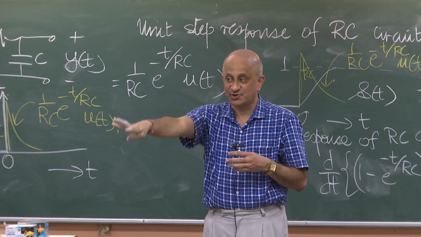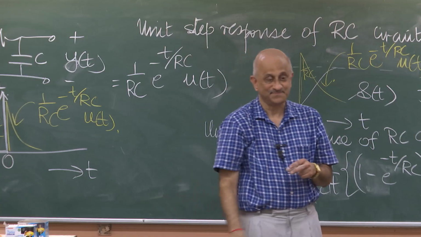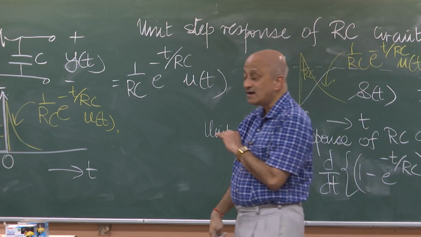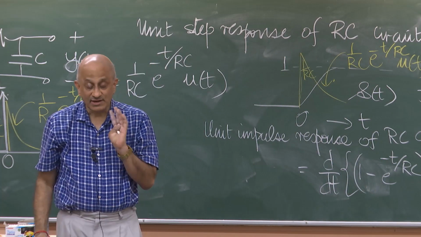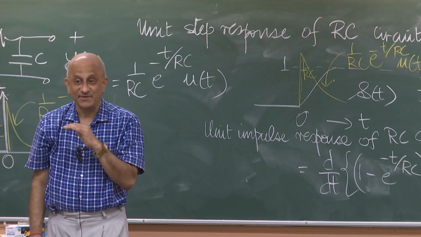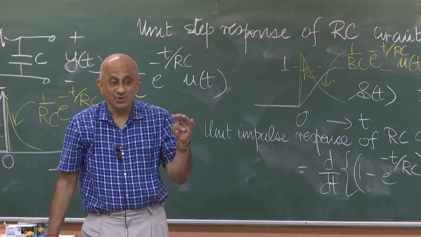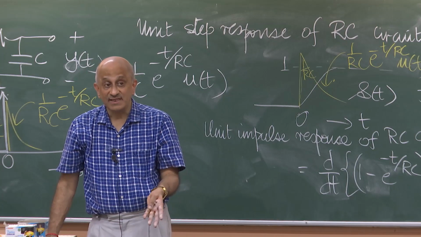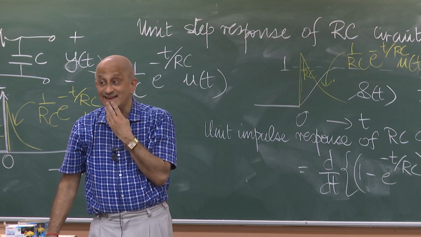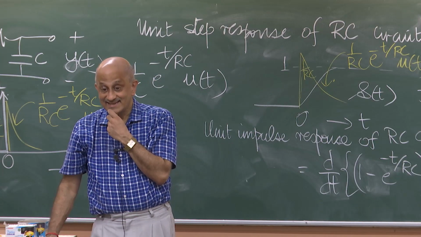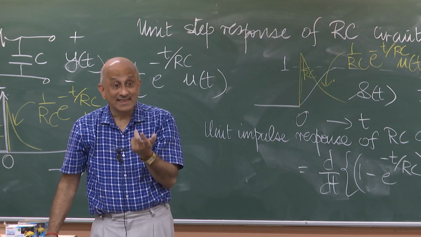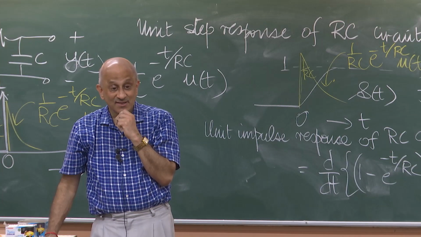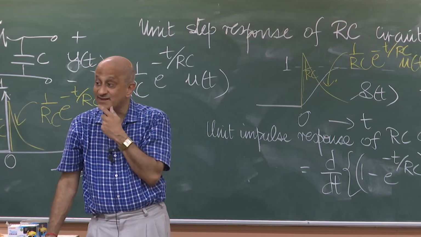Now, this is a little unusual in physics, because the impulse seems to change the voltage across the capacitor suddenly, isn't it? The capacitor does not permit a sudden change of voltage. So, how can a sudden change of voltage appear across a capacitor?